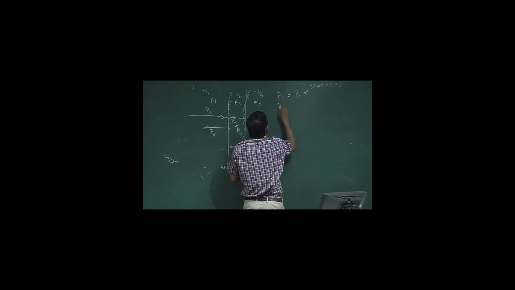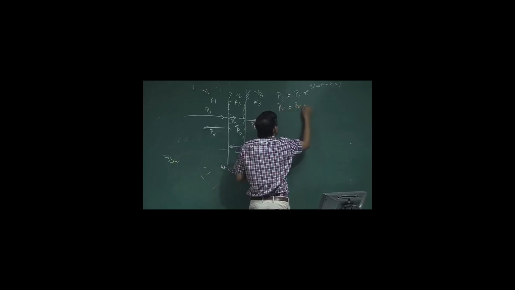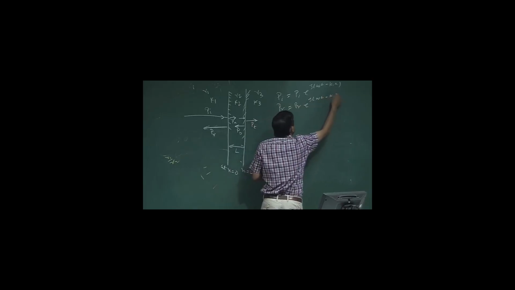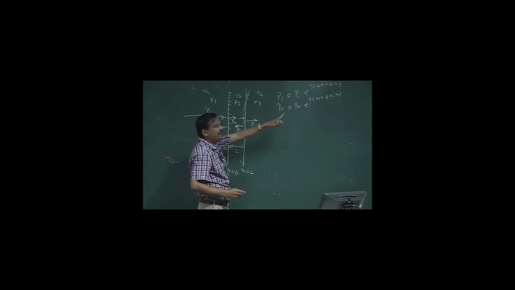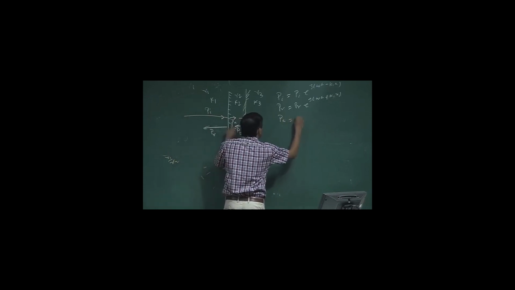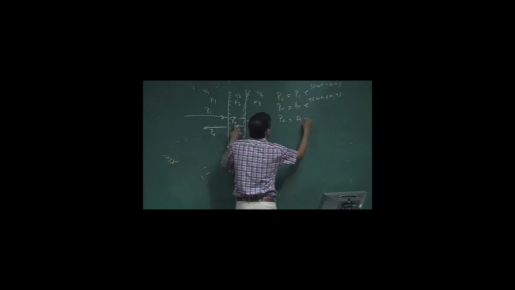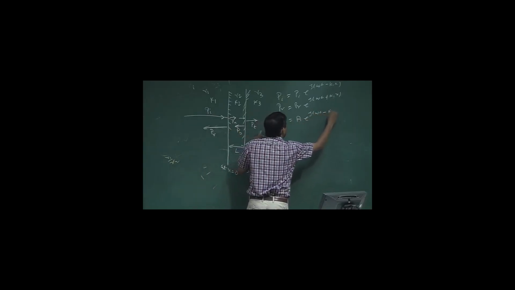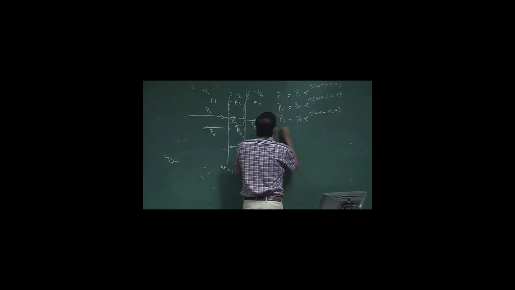What is Pr? Pr is nothing but Pr e to the power j omega t plus k1 x, because it is in the reverse direction. Okay. That is why I say this is plus k1 x. Similarly, what is Pa? Pa is nothing but, let us say the amplitude is a, e to the power j omega t minus k2 x. What is Pb?